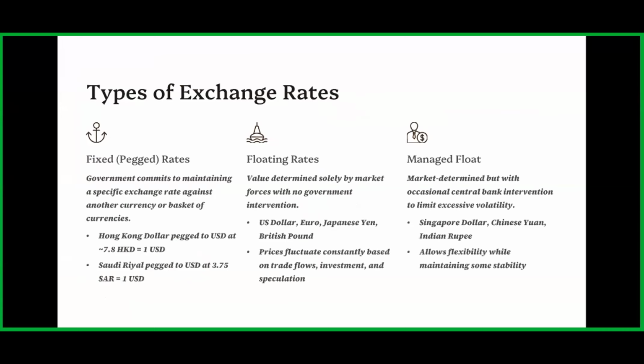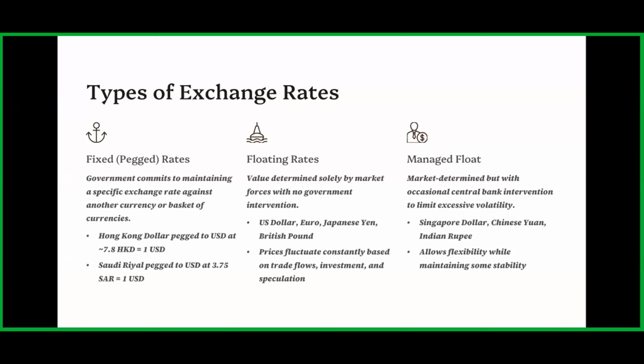What are the different types of exchange rates? There are three types of exchange rates. If the exchange rates are only determined by the forces of demand and supply, we can say the exchange rates are freely determined.